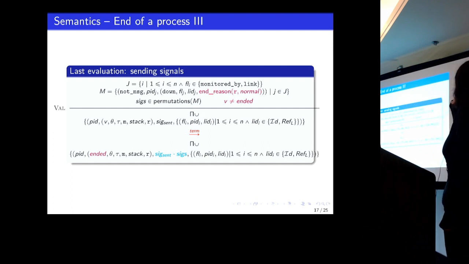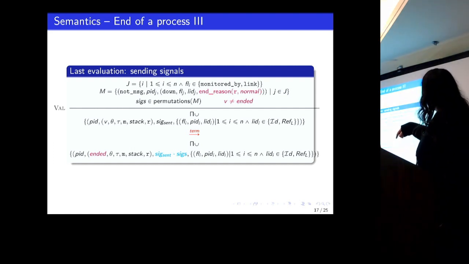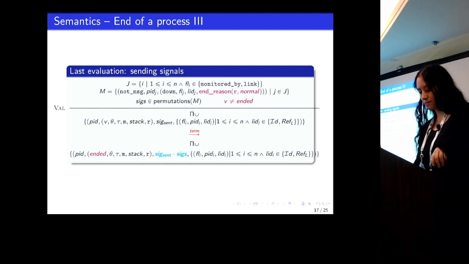As you can see, the process will progress to ended. It will go through its list of linked processes, and for each process, either monitoring it or linked to it, it will send a signal saying that it is down.